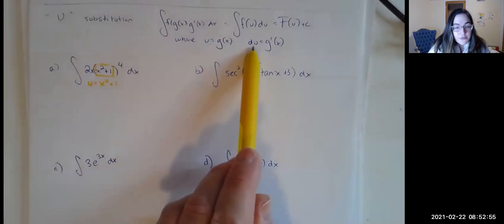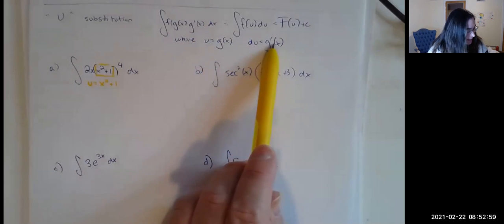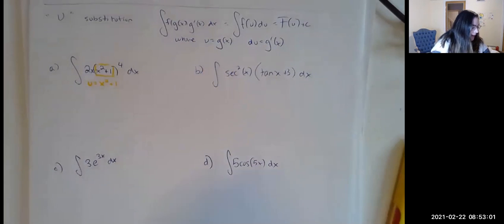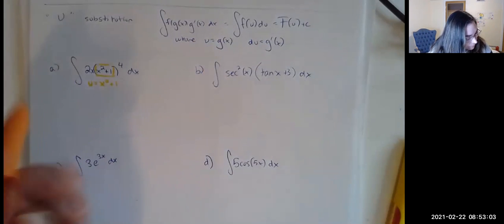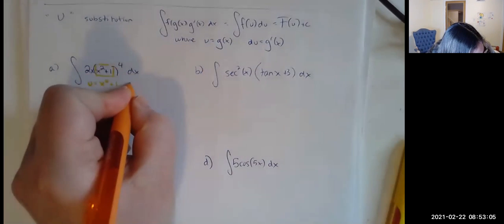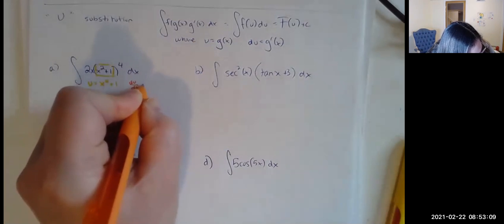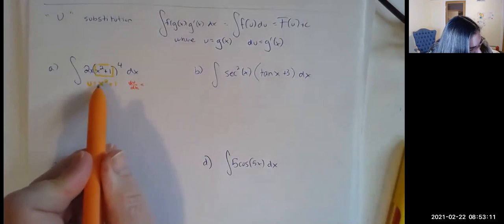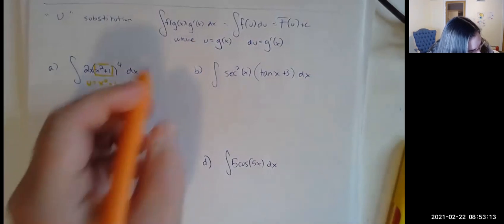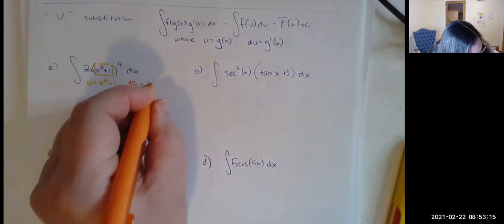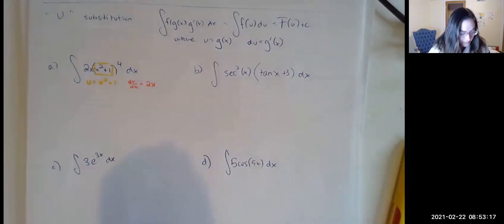And now what we're going to do is find du dx, which is g prime of x, right? So I'm going to go ahead and do that. Du dx is the derivative of this function. So the derivative of x squared plus 1 is just 2x. Okay.